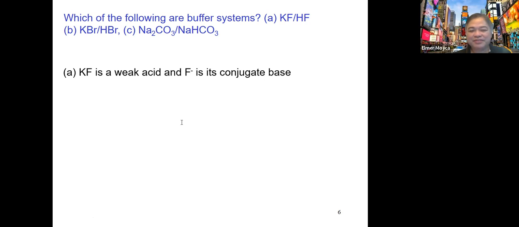Yes, it is a buffer, because HF is a weak acid and F minus is its conjugate base. You have HF and F minus from KF, which is a salt. Clear?